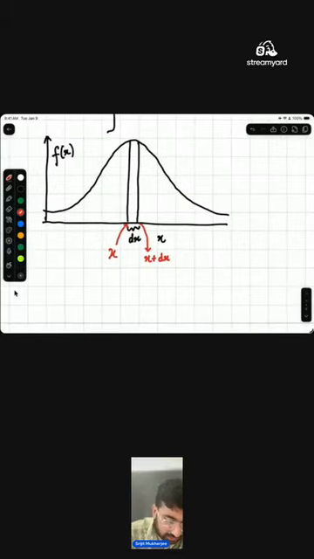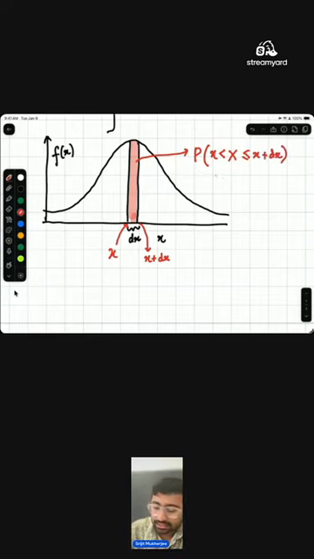So this area under the curve is what the probability is. So this area under the curve is nothing but the probability that the random variable is taking values between x and, since it's continuous, x plus dx. You can see it's a very small region.